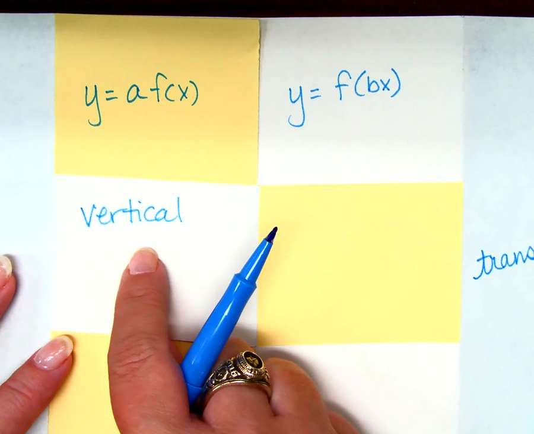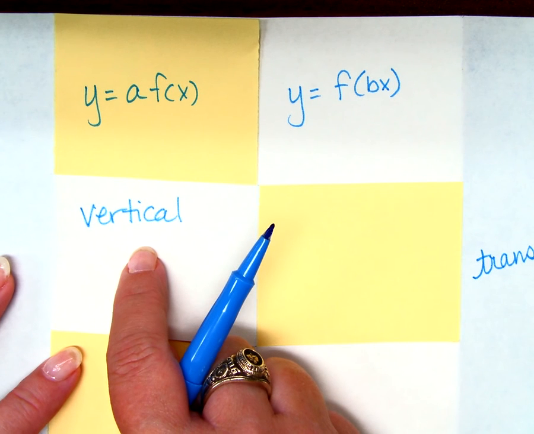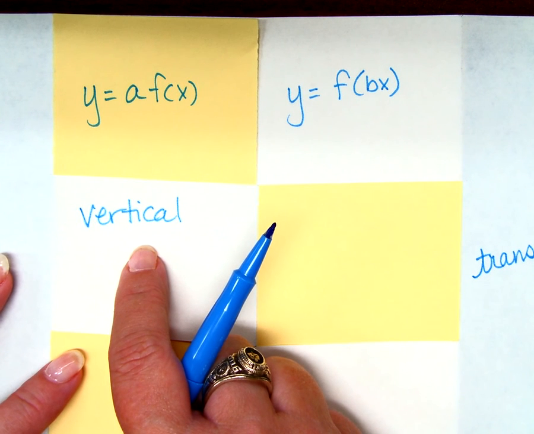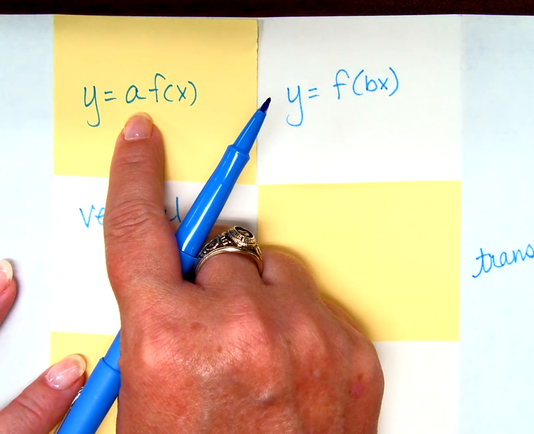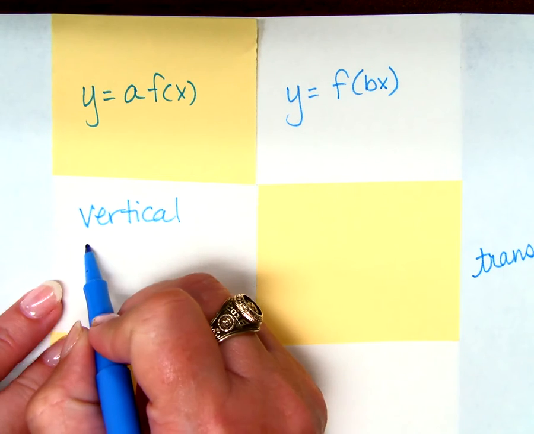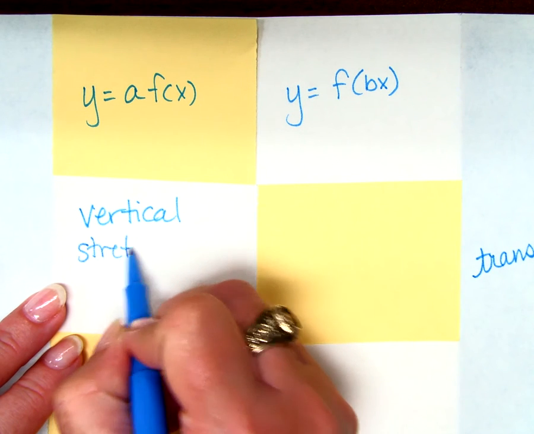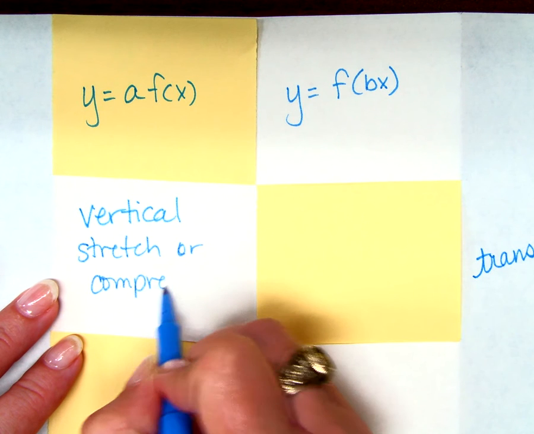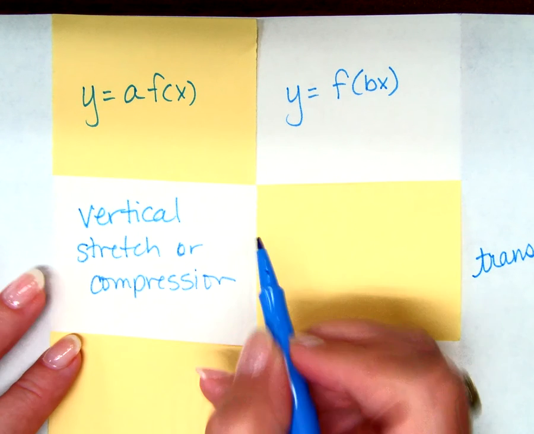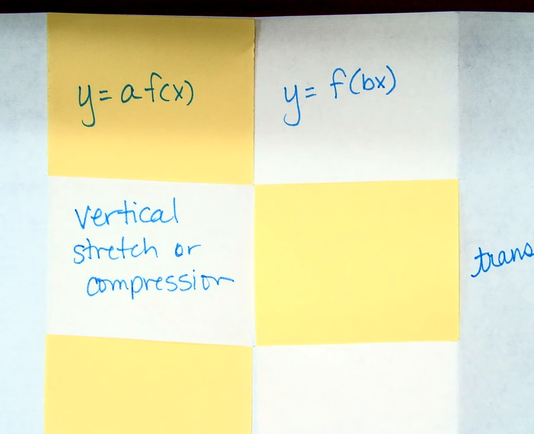Now, we're not going to write change this time because this has a very specific type of change. It's a multiplier, and multipliers cause a stretch or a compression, depending on the value of a.